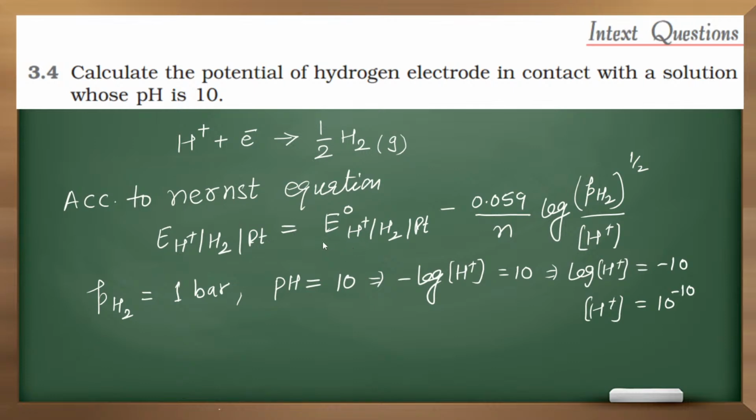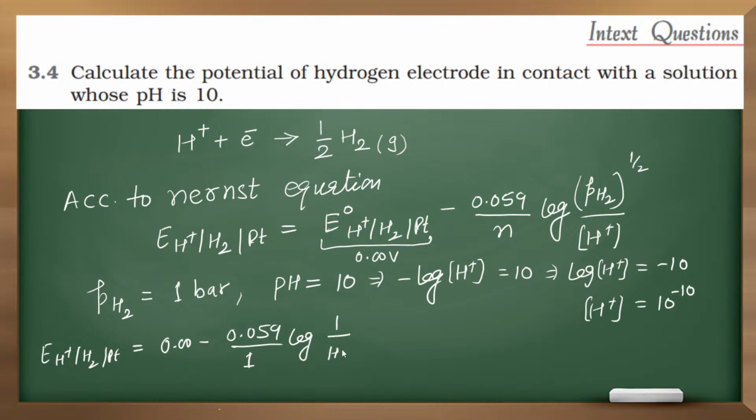And the E naught value for the hydrogen electrode is 0, because it is a reference electrode. So that implies E H+ H2 Pt equals 0 minus 0.059 over 1 log of 1 upon H+. It is minus 0.059 into log of 1 upon 10 raised to power minus 10.